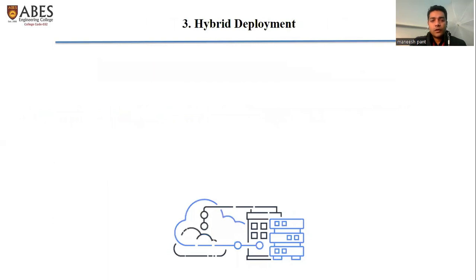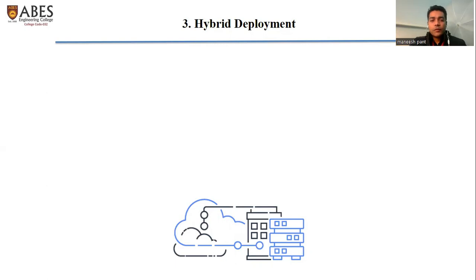Let us see what is the third deployment. It is a mixture of on premises and on cloud deployment. So your legacy part will be in your company, and some part will be on cloud. For example, you want to use batch processing in your applications.